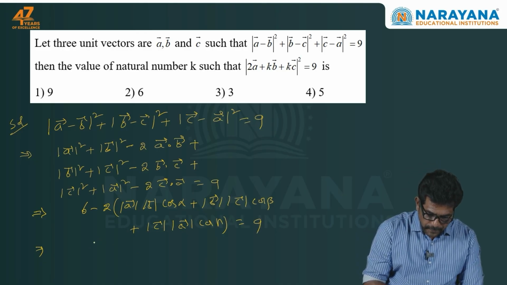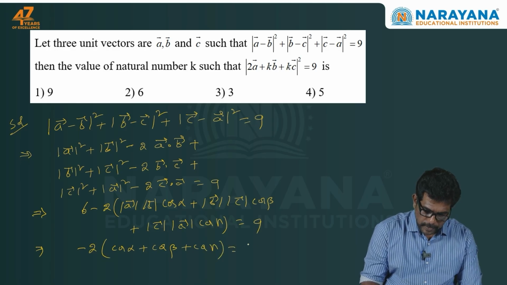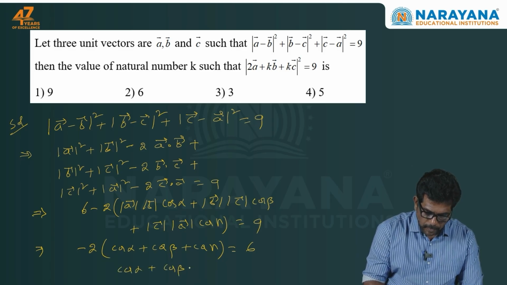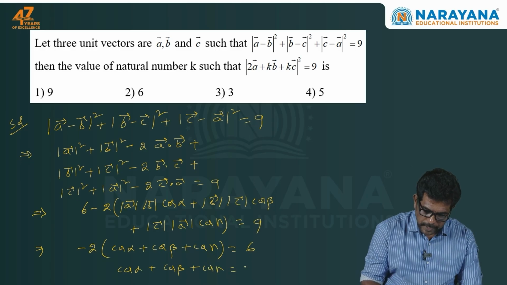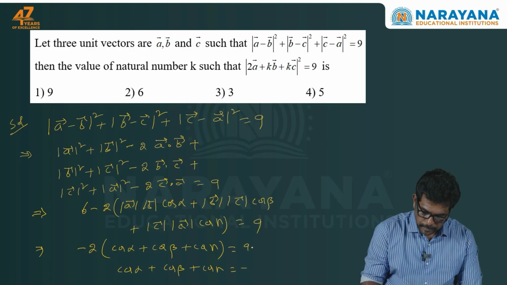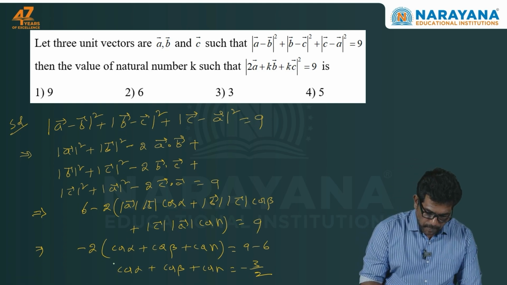Then this becomes minus 2 times, as mod a bar is 1 and mod b bar is 1, cos alpha plus cos beta plus cos gamma is equal to 9 minus 6, which is 3. So this becomes minus 3 by 2. Cos alpha plus cos beta plus cos gamma is equal to minus 3 by 2.